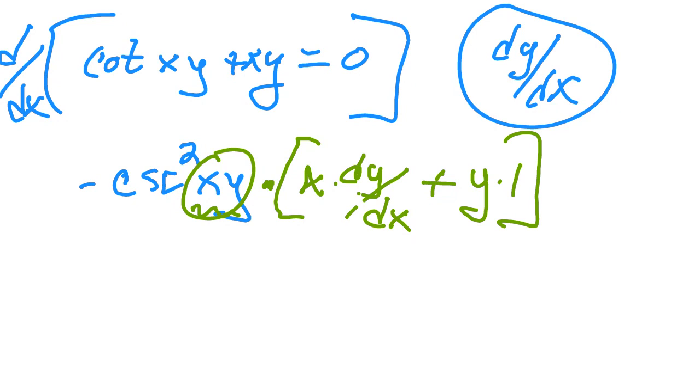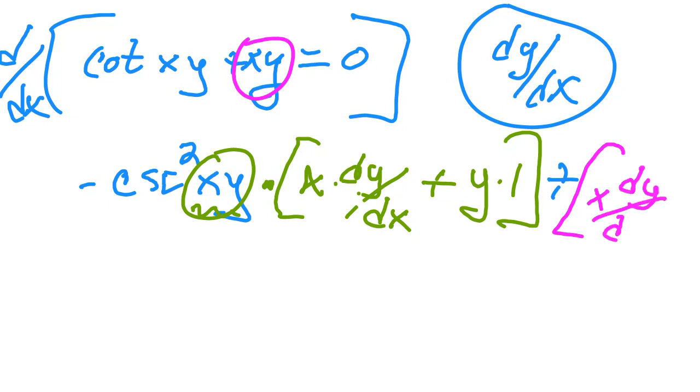So that's just the derivative of this first part. And then plus the derivative of the second part with respect to x. I've got to use the product rule again, right? So it's the first times the derivative of the second. The derivative of y with respect to x is just dy/dx, or 1 dy/dx.